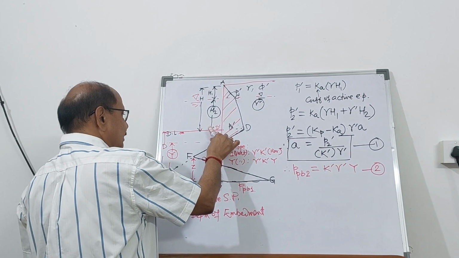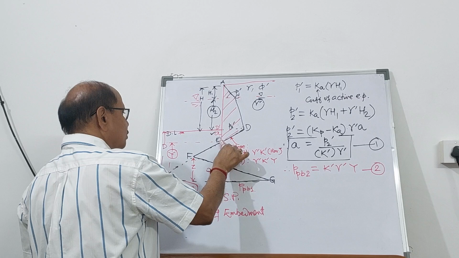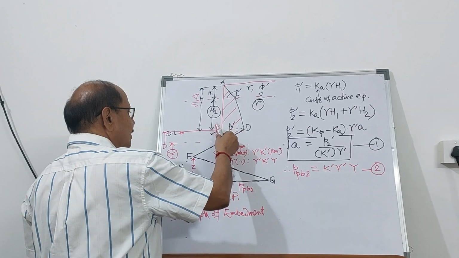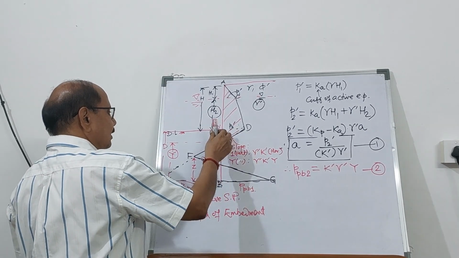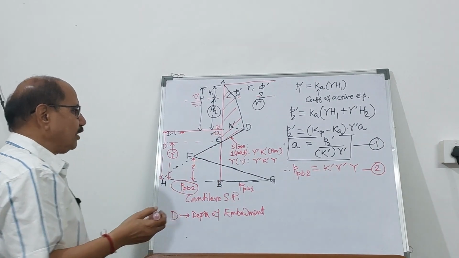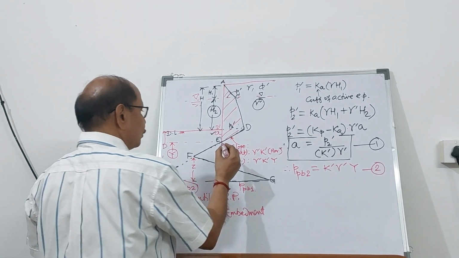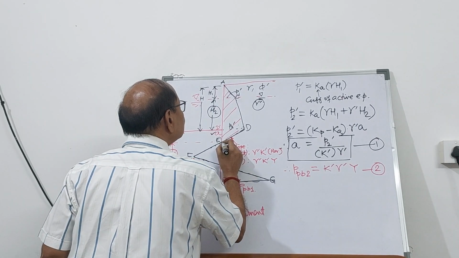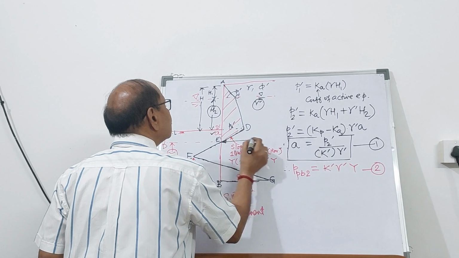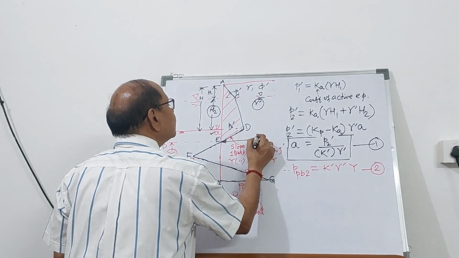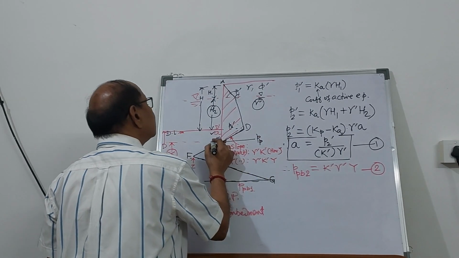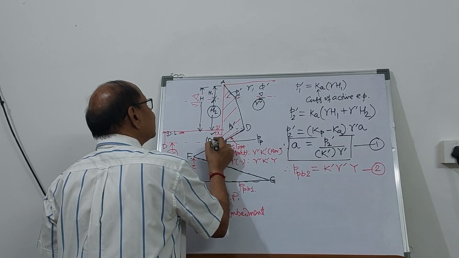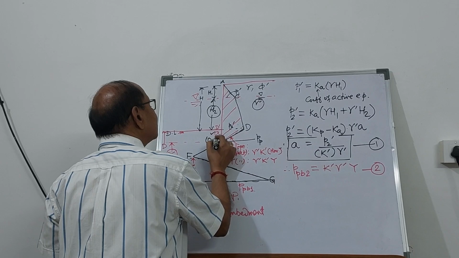Now, it is going to deflect like this. So once it deflects about this point, you are going to compress the backfill on this side, and therefore you can find out the passive pressure here at E. This is the point of rotation, so E and O are the same.